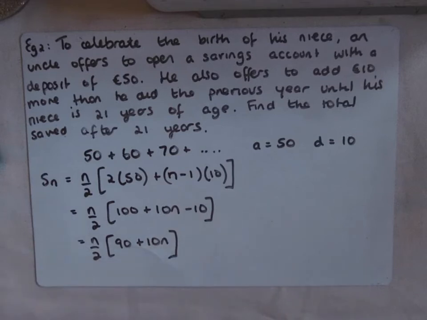We're interested in the total saved after 21 years. So we're interested in the sum of the first 21 terms. So S of 21. So instead of n, you're just going to throw in 21.